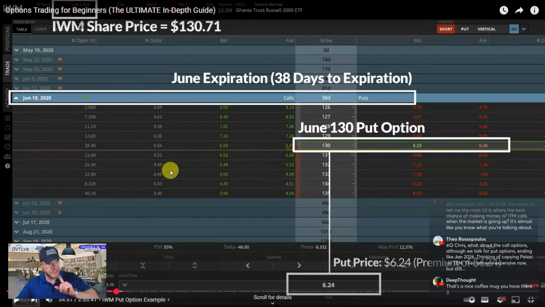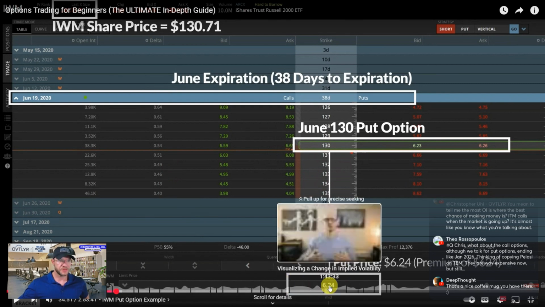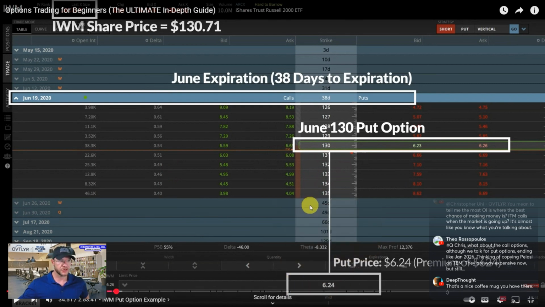$624. The way that I look at this, and in my opinion, this is the simplest way to look at it. It's going to cost me $6.24 to control each share of stock. If the price of the stock is $130 and I'm spending $6.24, that's a tremendous deal, right? I mean, that is significantly less per share than to buy it outright.